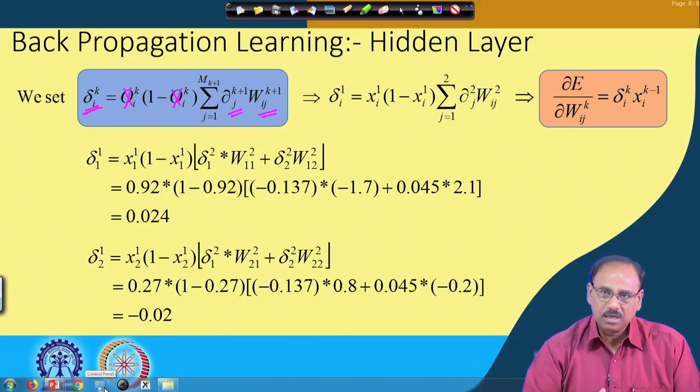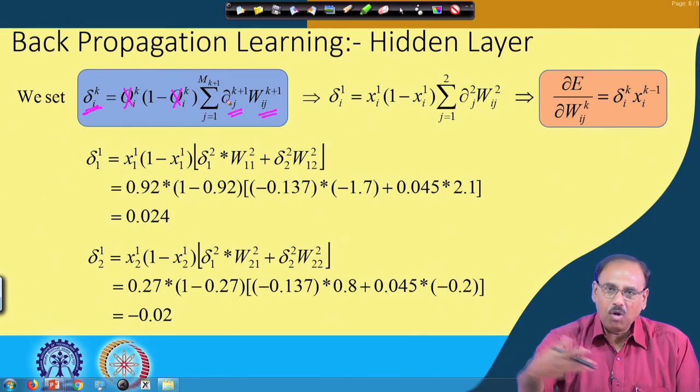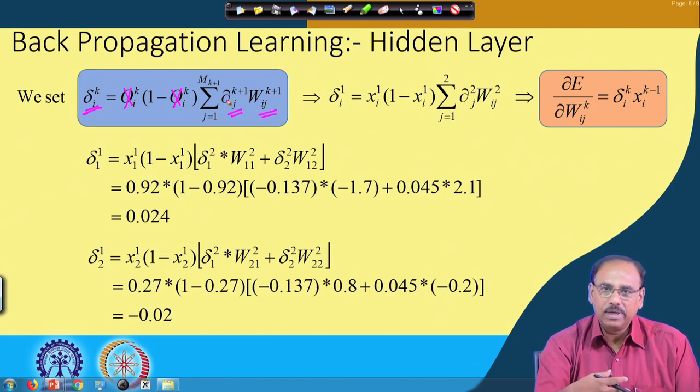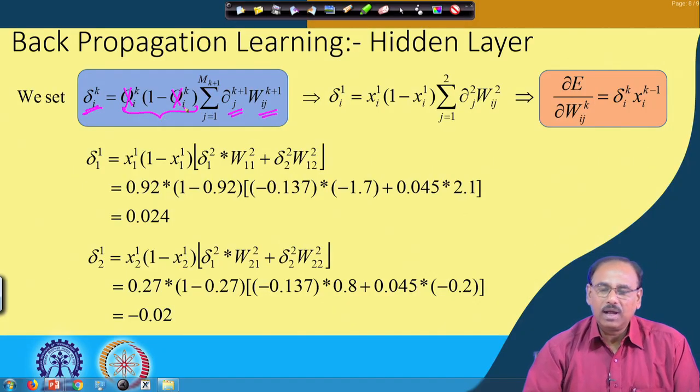And for doing this, for all the nodes to which the ith node has fed the input, that means all the j's, you are accumulating the error by weighting it by the corresponding connection weight and adding them together, and then multiplying that with the local derivative of the output of the ith node, which is xik into 1 minus xik, right.